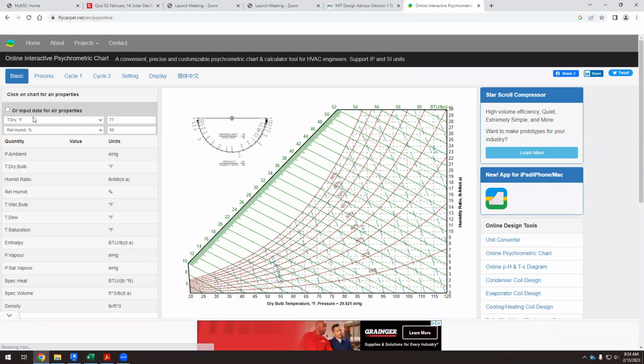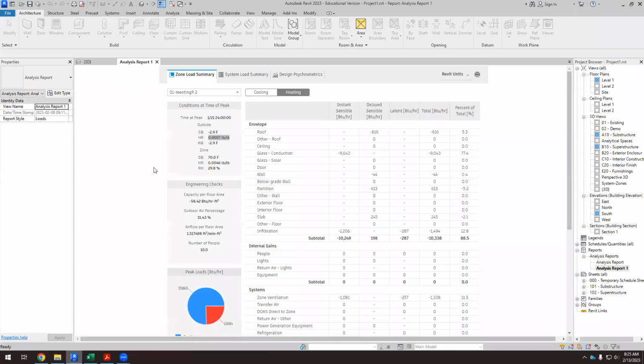And here we have the inputs. The dry bulb temperature is negative 2.9. And here we have to select the humidity ratio, which we don't have. Here we have the specific humidity in pounds divided by kilopounds. So what are the units in Revit? It's pounds divided by pounds.